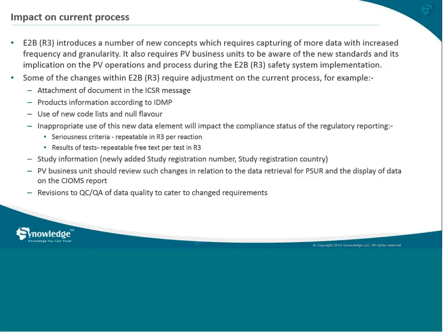Since the seriousness criteria are now available at event level, all the events have to be properly coded. And the lab test is a free repeatable text in R3, which was not the case in R2. So all the tests that the case has will need to have their results entered properly.